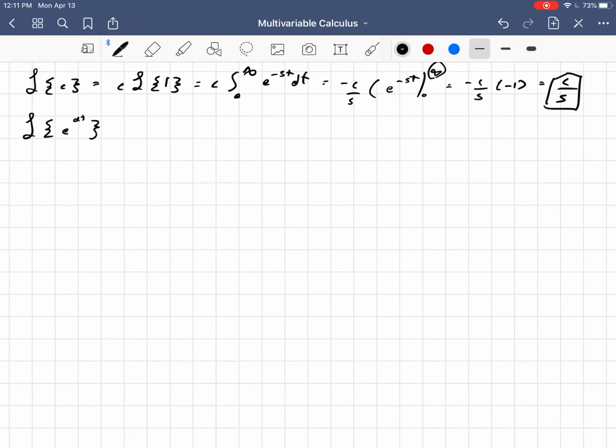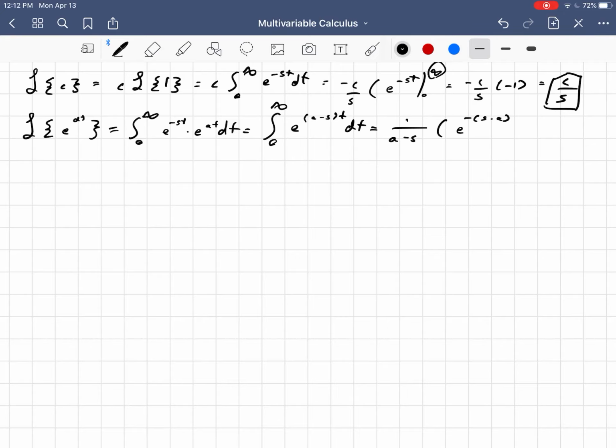Probably the next most common one is the Laplace transform of e to the at. And I did this in my last video, or at least I alluded to it. So this is the integral from 0 to infinity of e to the negative st times e to the at dt, which is the integral from 0 to infinity of e to the (a minus s)t dt.